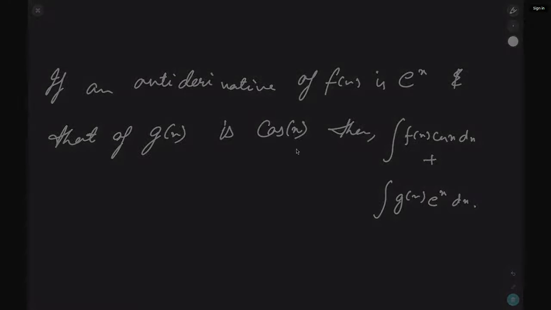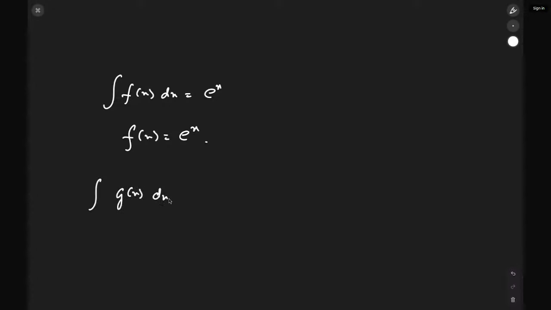So, as it has been stated in the question itself, the integration of f(x) dx is equal to e^x. Therefore, f(x) will be equal to e^x. And the integration of g(x) dx is equal to cos x. So g(x) will be equal to minus sine x. Now, what do we have to do?